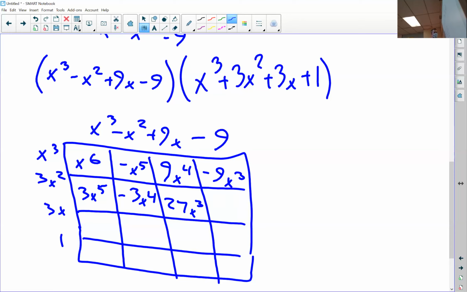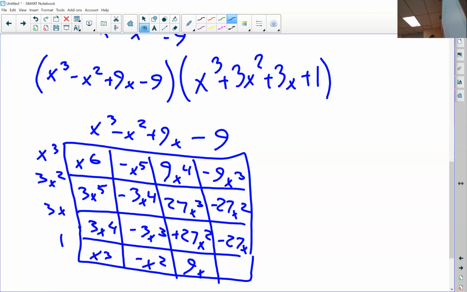Negative 18x squared. Let me fix that, I said 18. 3x cubed. 27x squared. x cubed, negative x squared plus 9x minus 9.